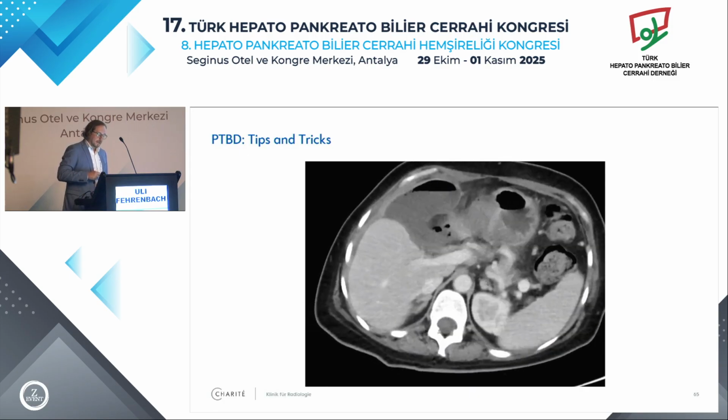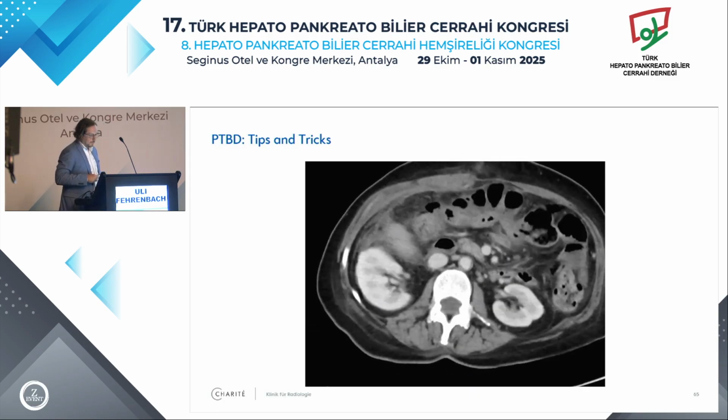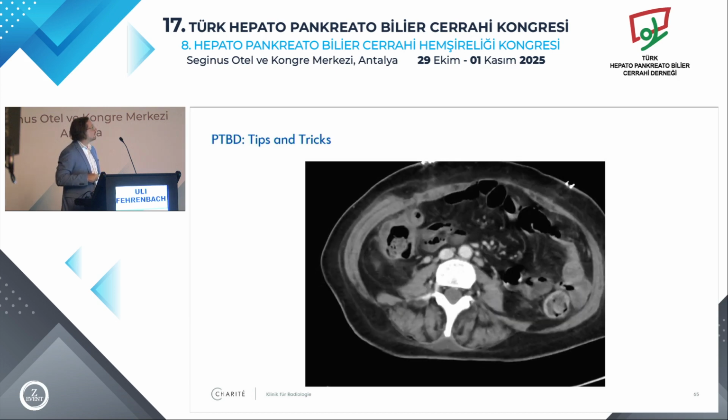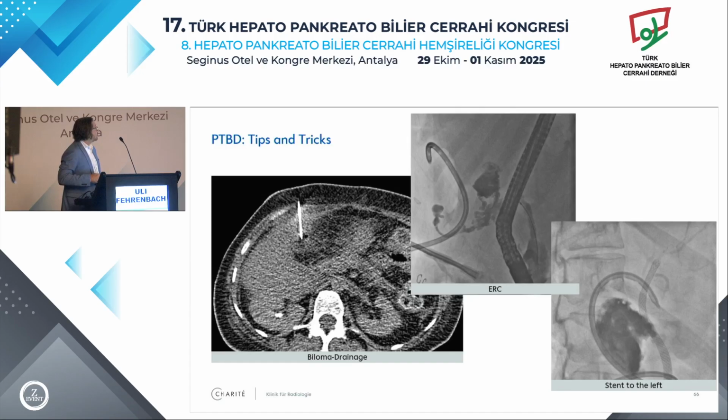This is the last case I wanted to show you. You see a very big bilioma after cholecystectomy. And what happened? So we inserted a percutaneous drainage, and an ERCP was performed after we knew that it's bile.